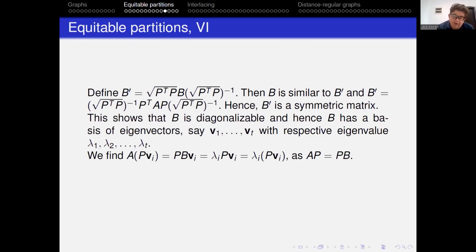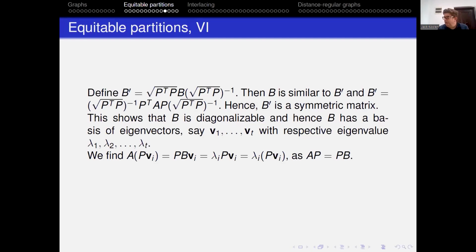So now we look at P phi, which is B P. The reason why B is diagonalizable is that it has exactly the same eigenvalues as P prime. So P prime is diagonalizable and hence also B. Yes, because similar.